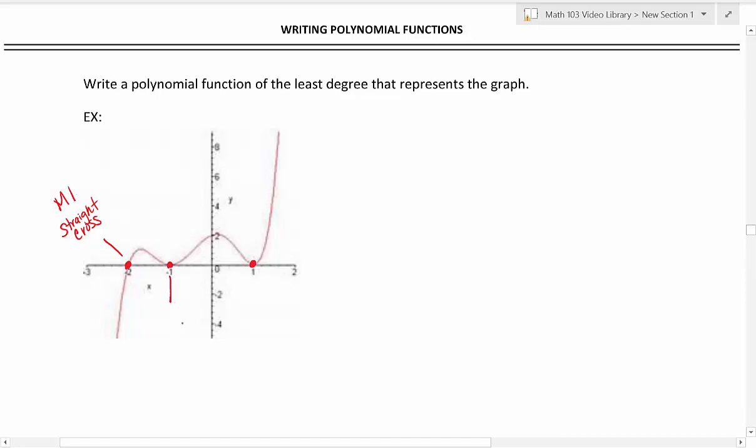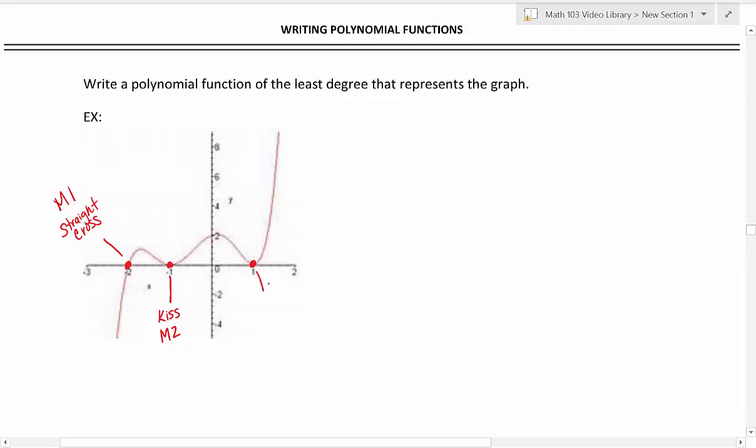At our next zero, -1, notice that the graph just kisses the x-axis. A kiss means that we have an even multiplicity. The directions said we wanted to write a polynomial function of the least degree, so we want the smallest even number, which would be 2. This zero has a multiplicity of 2.